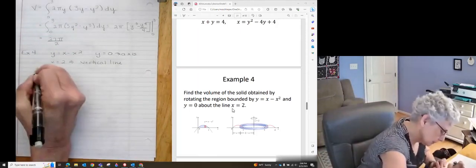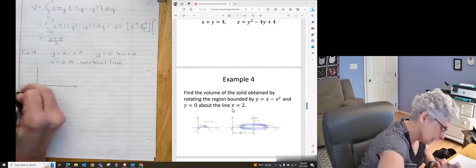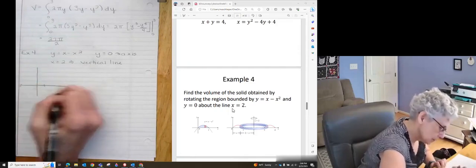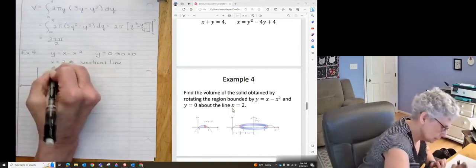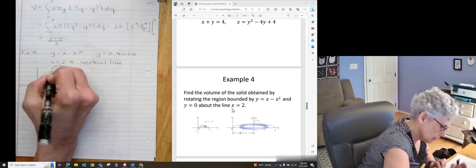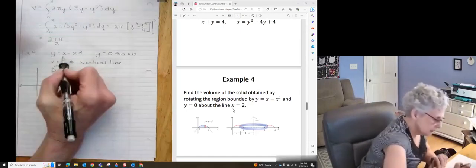So first thing I need is a picture. The line x equals 2, pretty easy. That's my axis of rotation.